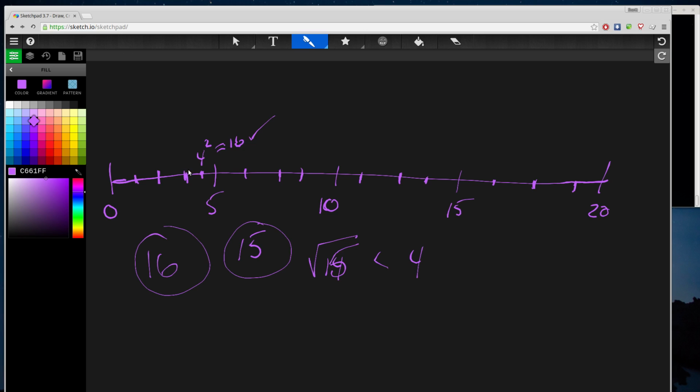But how much less? We don't really know. It's somewhere out here. Clearly, we're not going to be able to just hop along the integers to find this. We're going to have to pick some other step. We're going to have to test lots and lots of values until we get there.